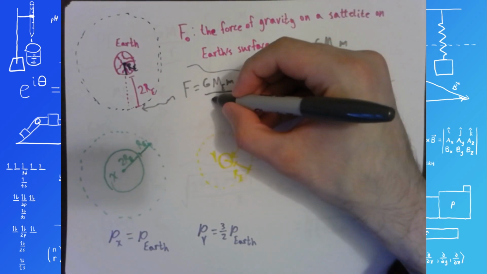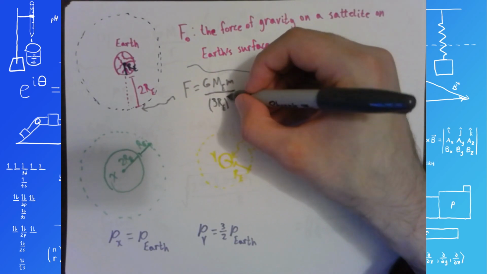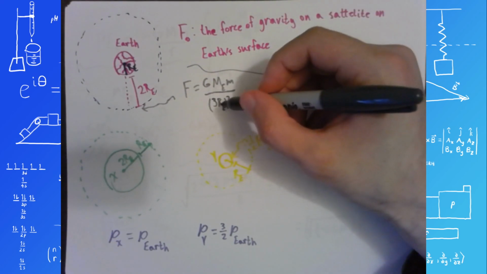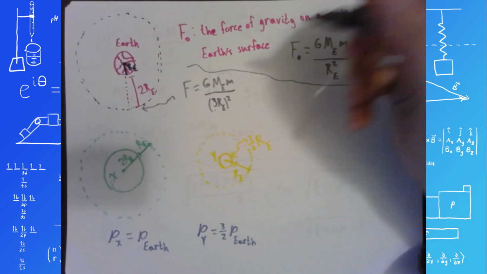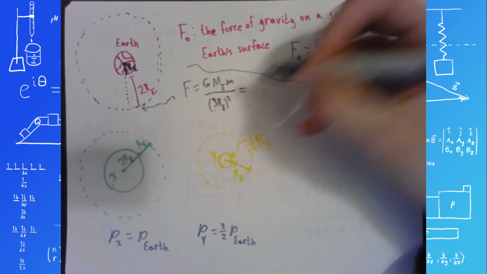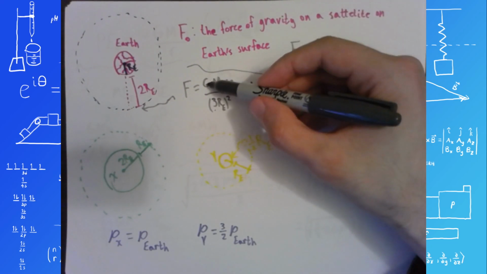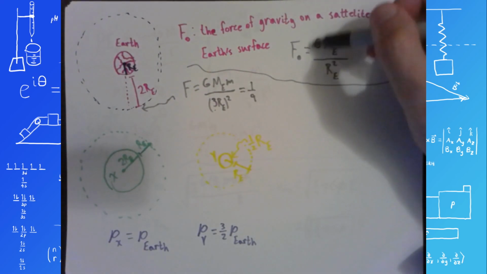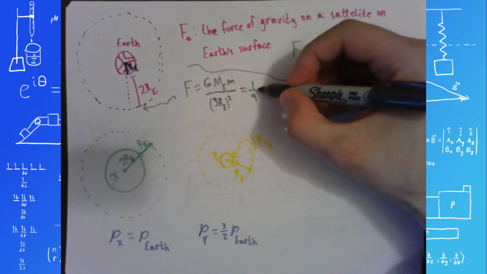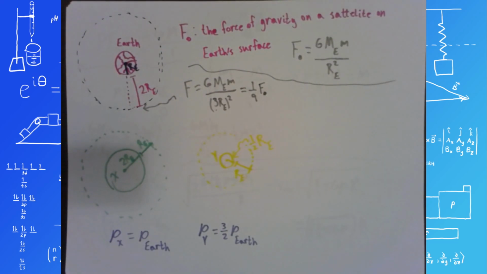So that total is 3 Earth radii, and then that needs to be squared. And if we square that, then the 3 also gets squared, so we're left with a 9 over there. And if I factor that 9 out, I'm left with 1/9 times big G, mass of Earth, mass of satellite, over radius of Earth squared. All of that stuff is equal to F0, so this is just going to be 1/9 as much gravitational force.